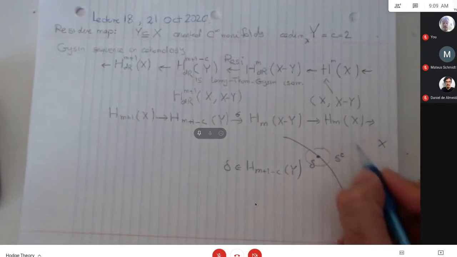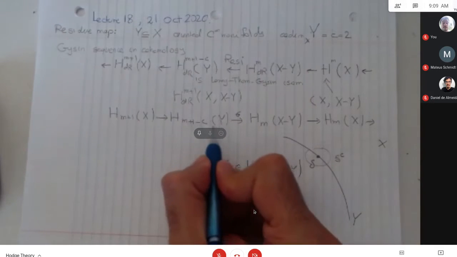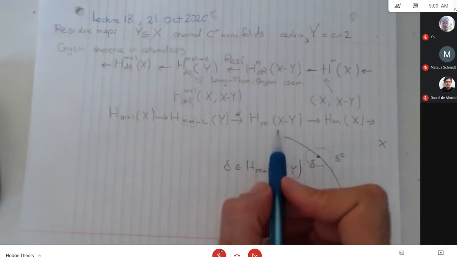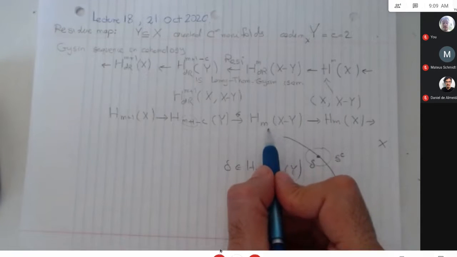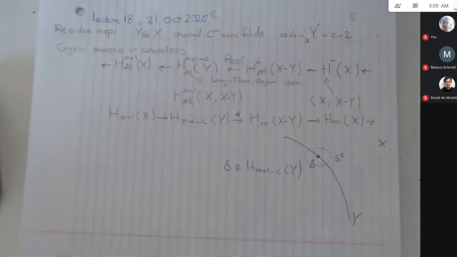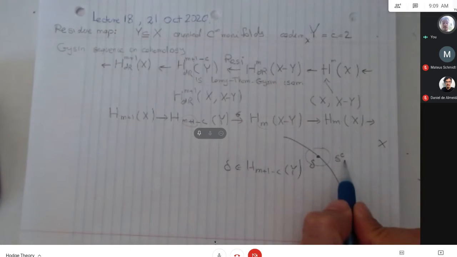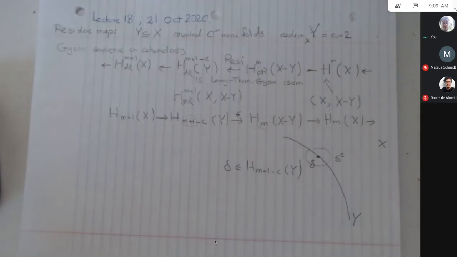So here from dimension m plus 1 minus c, we have to jump to dimension m. So maybe very fast I check this one, sigma.